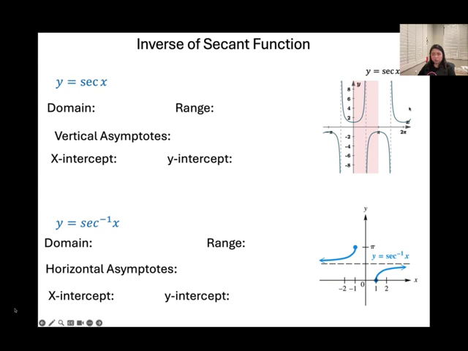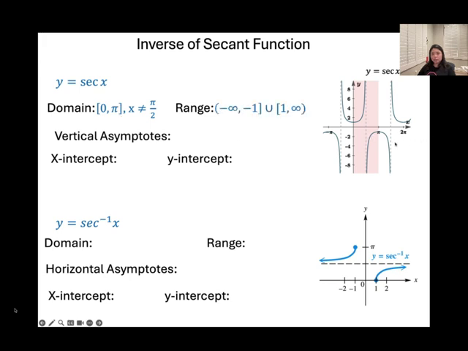So the domain, that will be from 0 to pi. But x cannot be equal to pi over 2 because we do have the vertical asymptote here. And then make sure we use the brackets here. And then the range.